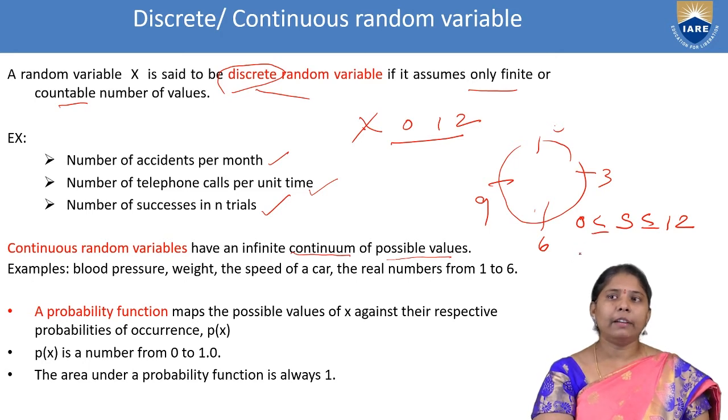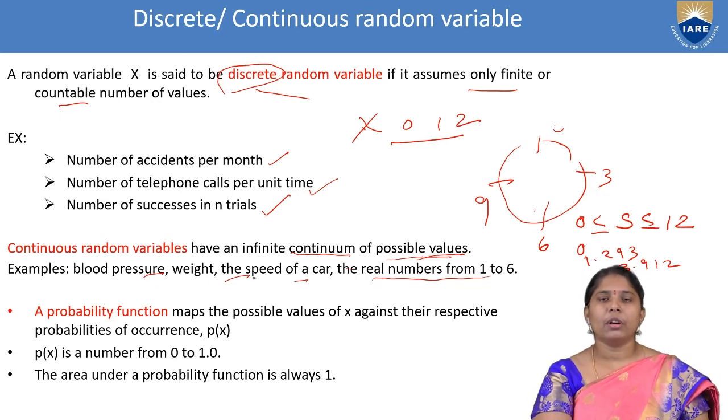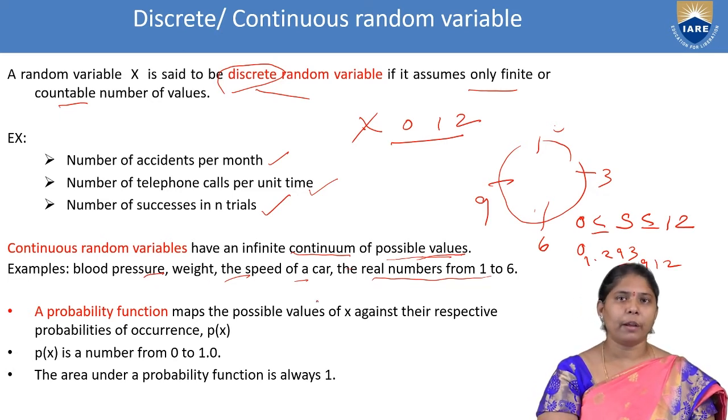X can take 0, or 1.293, or 3.912, any value, so it contains infinite possible values. That type of random variable is called a continuous random variable. Real numbers from 1 to 6, speed of a car, weight and pressure are all examples of continuous random variables.